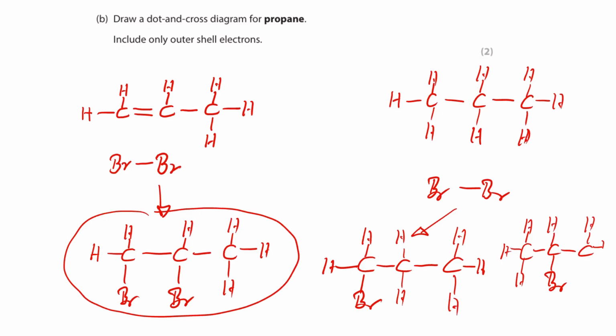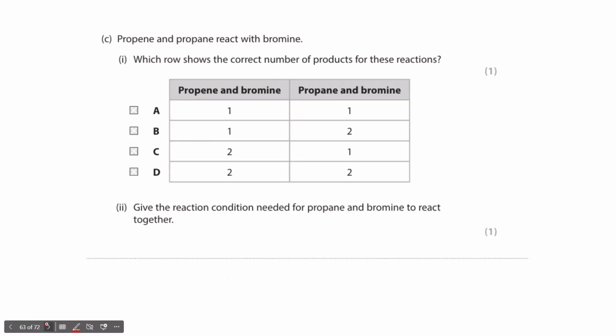That means I can get two products from this propane. So propane gives me two products, but propene gives me only one product. Therefore, propene and bromine give only one product, and propane and bromine give two products. So the answer to this question is B, because it's 1 and 2.